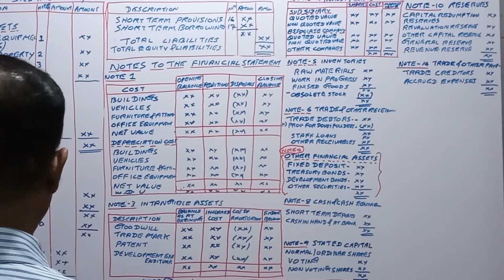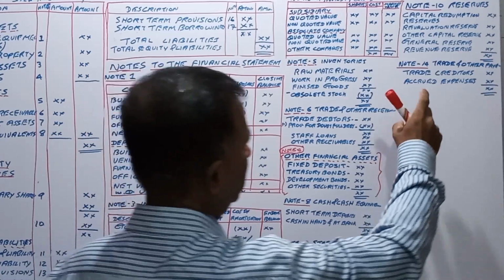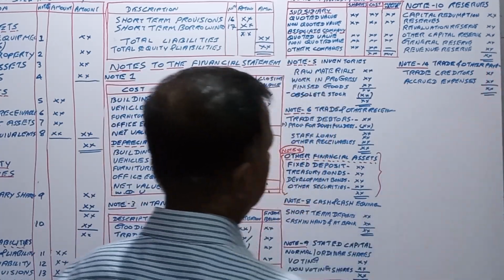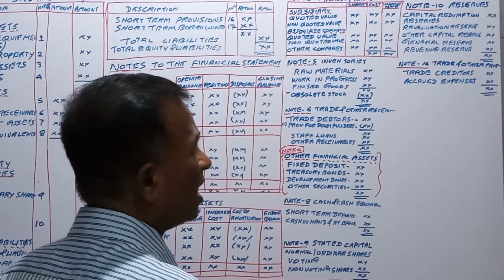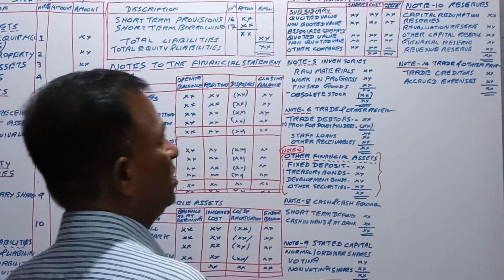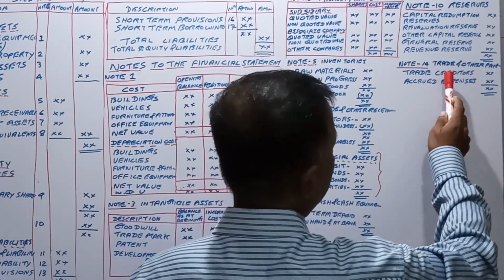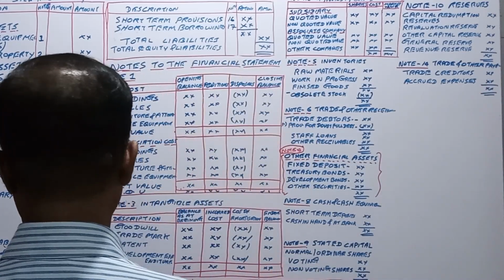Trade and other payables, at your level, are trade creditors, accrued expenses and other payables. The small borrowings we have done will come under trade and other payables, right?